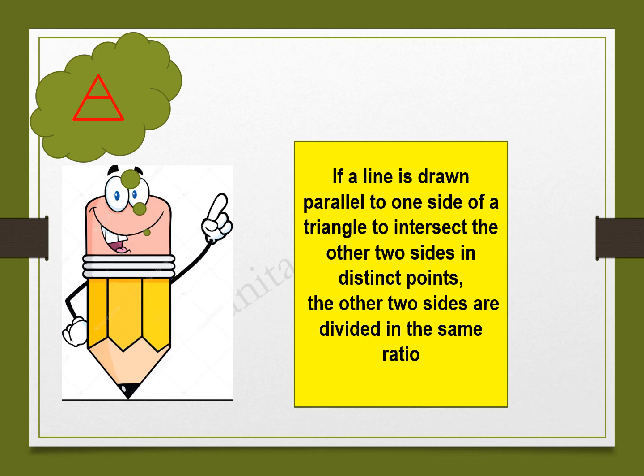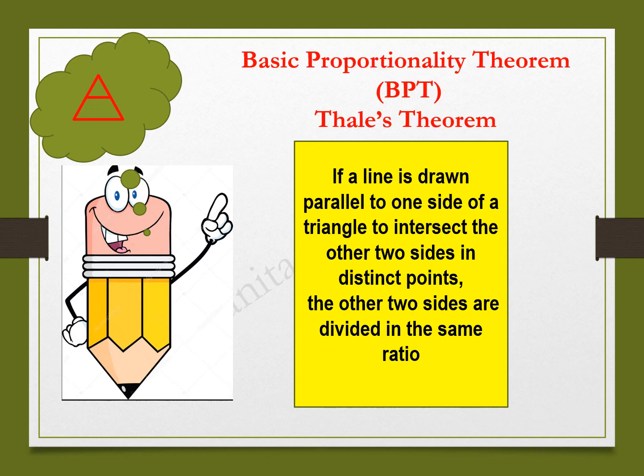So this we have already proved logically. Is it clear, children? And this statement has got a special name again, and it is called the basic proportionality theorem, written as BPT, or it is also called Thales theorem.